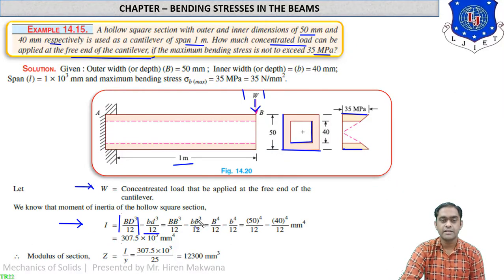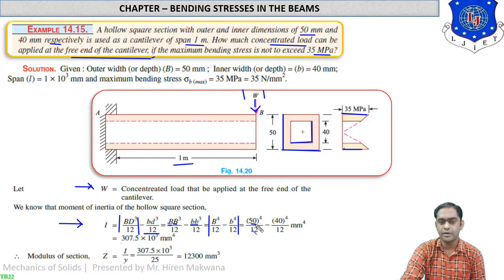Now it is a square section, so B and D in both the cases are equal. So just replacing capital D with capital B again: B into B cube by 12. Similarly for the smaller square, b into b cube by 12. So the answer is capital B raised to 4 by 12 minus small b raised to 4 by 12.